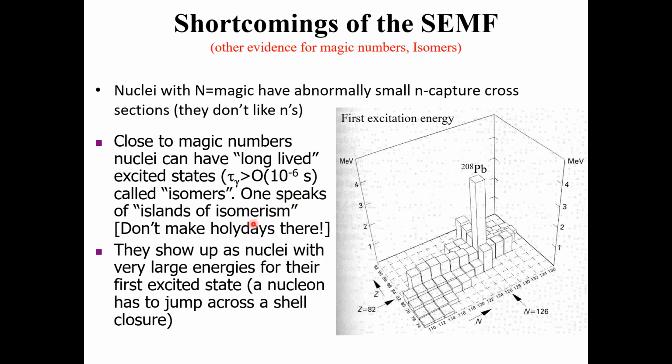You can see one peak of the island of isomerism in this particular diagram. They show up in nuclei with large energies for their first excited state, that is, a nucleon has to jump across a shell closure. So again, it's a drawback of the semi-empirical mass formula.